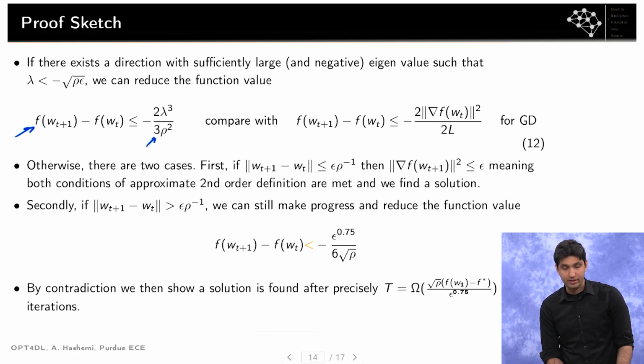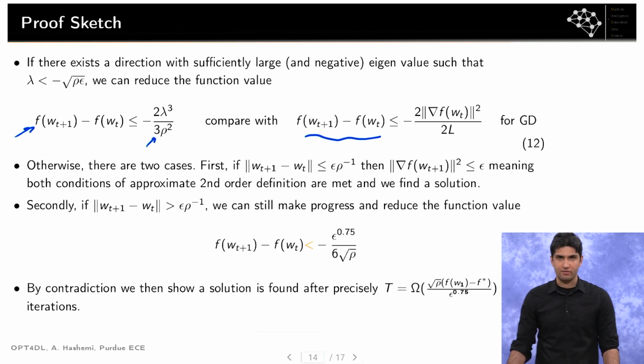Also, it depends on the condition of the function, in particular the Lipschitz constant of the Hessian. So the better condition the Hessian, meaning that the smaller the rho is, the more progress we are making. And this is sort of a natural analogue of what we talked about before in the context of gradient descent and finding a first order solution. In the proof of gradient descent in particular, we established a bound on the amount of progress we are making.